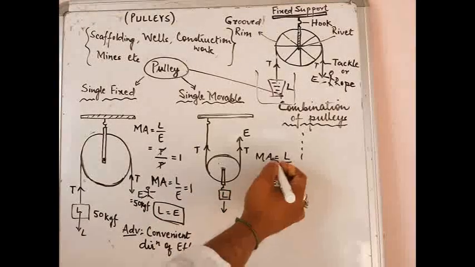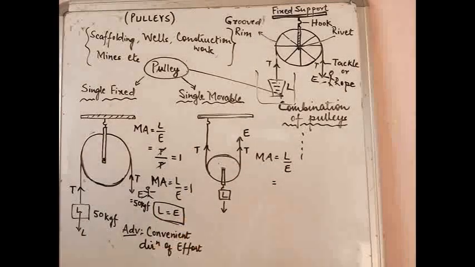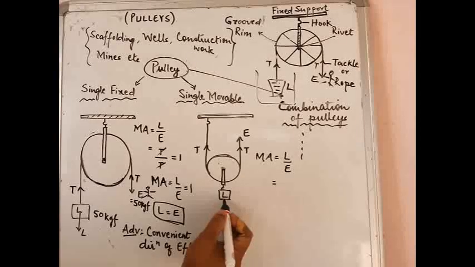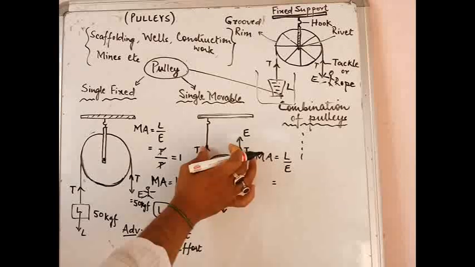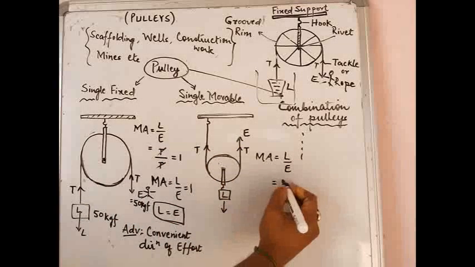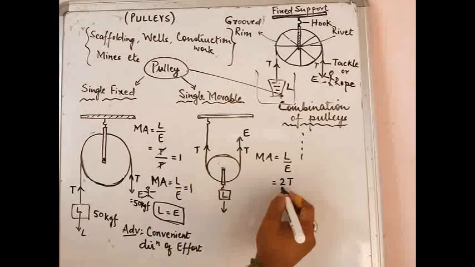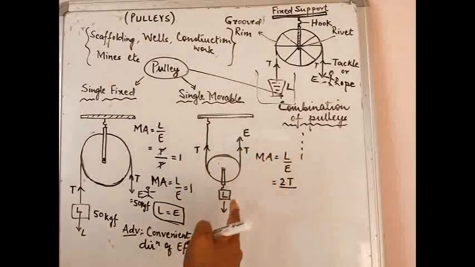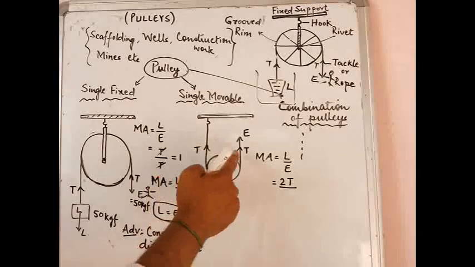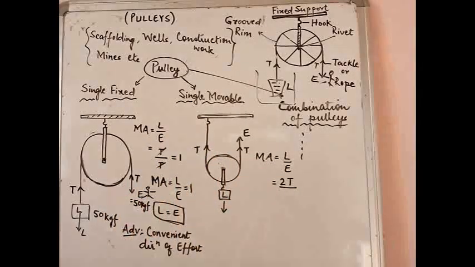So mechanical advantage is equal to L upon E. Now this time, if you notice carefully, this L is being supported by both these T's. So this time you are going to have T plus T, 2T, in the numerator in place of L, because this L is now balanced by the two tensions. Unlike in this particular case, where the load was only supported by one tension.